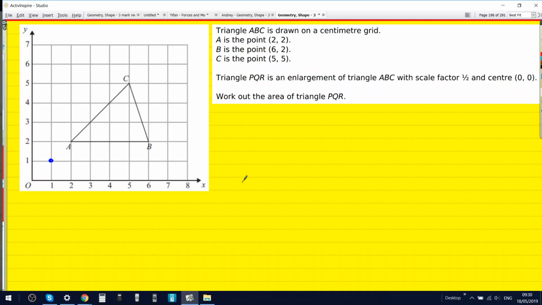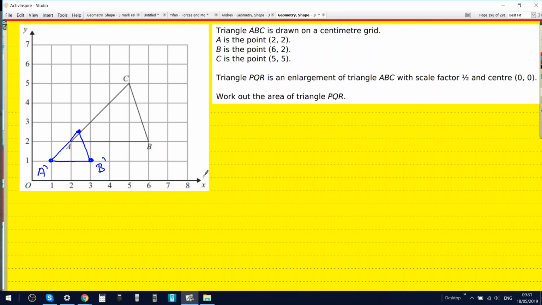And then because it's half scale factor, it has to be 2 across. Yeah. And then 1.5 up. So 1.5 up. So let's just actually use this thing. Yeah. So from there, that's going to be 2.5 and 2.5. So it's going to be there. Okay.